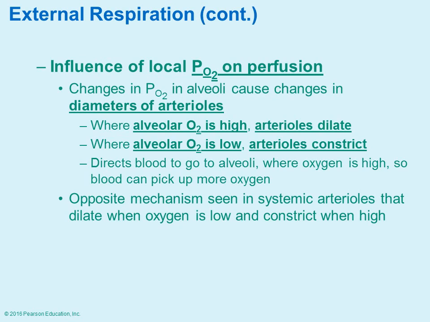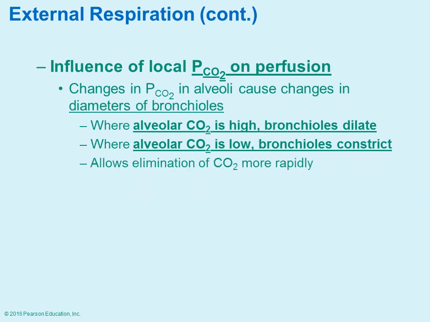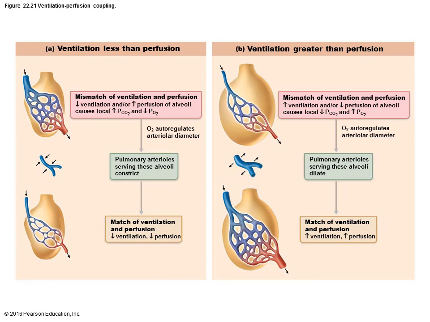If the oxygen levels in the alveoli are high already, you can adjust the arterioles, you can dilate them, you can constrict them. If the pressure of the CO2 starts to change, the way the body can adjust is to change your breathing rate, change the diameter of the bronchioles, dilate them or constrict them. If you dilate them, then you can start to get rid of CO2 more quickly.